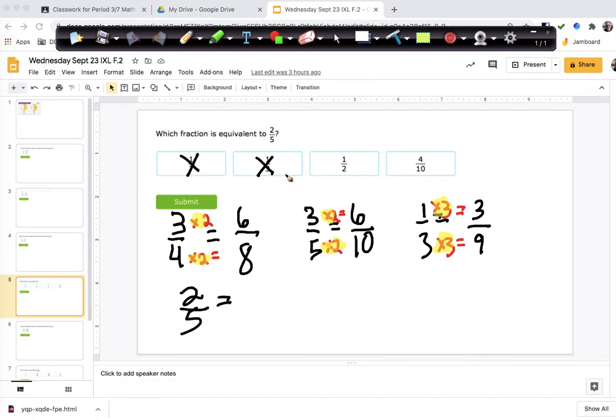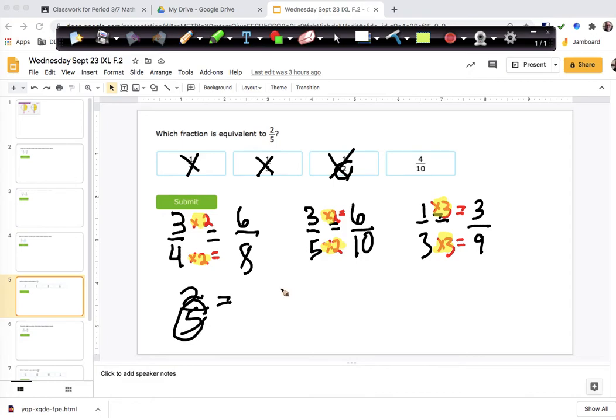Same with the 2 and the 5. Looking at this 2 right here compared to that 5, it's not going to be a good multiplier from 5 to 2. It's going to be a fraction. So we're going to eliminate this one and then just test this one out.